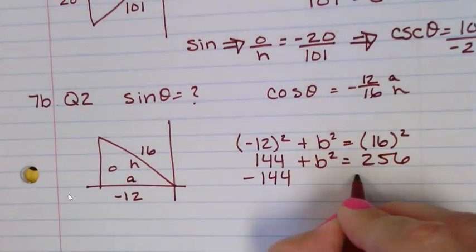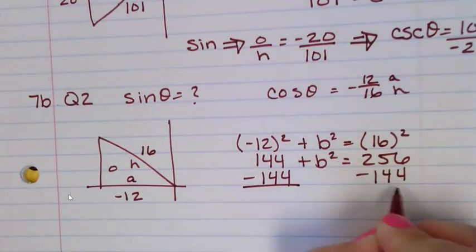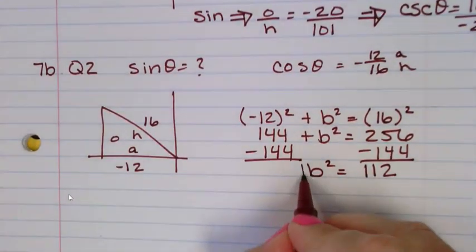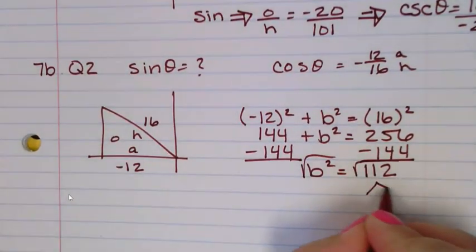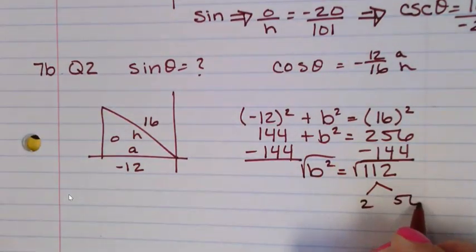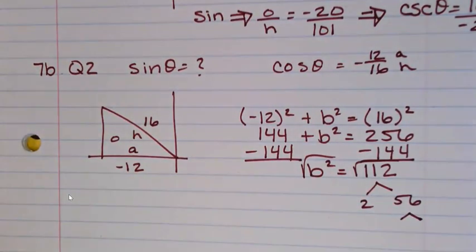Subtract 144 over, and we get 112. I know that's not perfect. I get 2 and a 56. Ooh, 2 and 28.